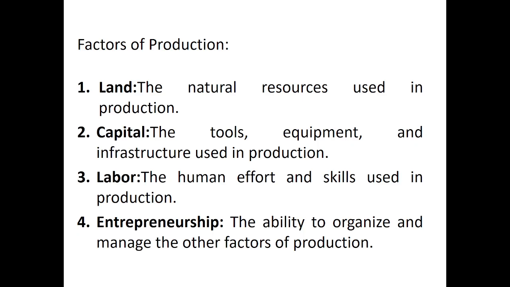This all comes under other parts of entrepreneurship. Remember, if the question comes what are the factors of production, you need to answer that there are four most important factors: land, capital, labor, entrepreneurship. Understood? Next slide, ma'am.